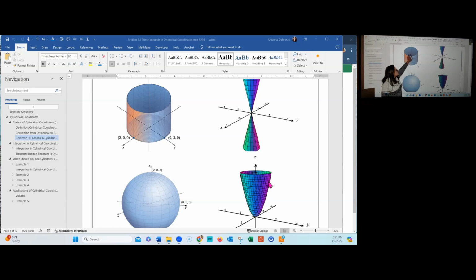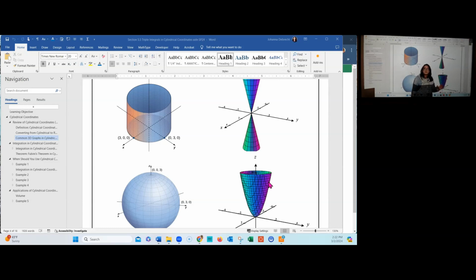The circular cylinder here is symmetric around the z, but we could also have a circular cylinder symmetric about y or x. The same is true for the double napped cone. In this case, it is symmetric about the z-axis, but we could have a double napped cone that's symmetric about either x or y.